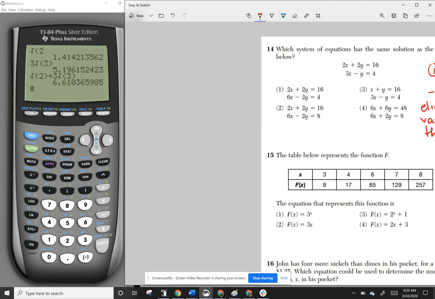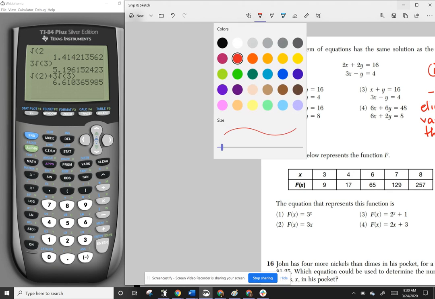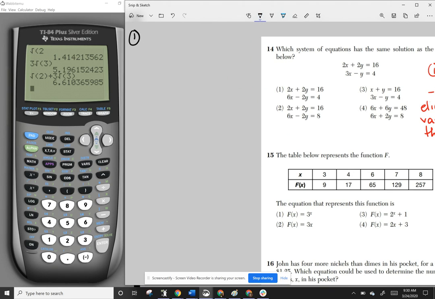So we're going to actually solve, or at least start to solve each answer choice using elimination so that we can see if it's the correct choice. Okay, so for number 1, I'm going to just recopy the original. So I'm going to recopy this every time. So 2x plus 2y equals 16, and 3x minus y equals 4.